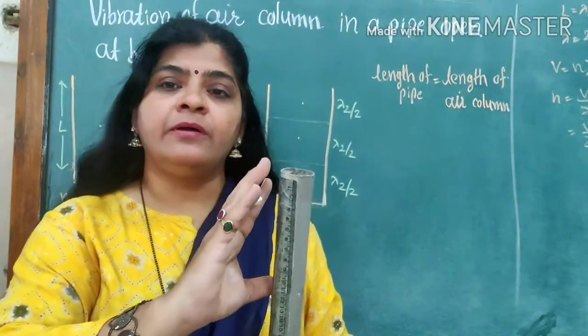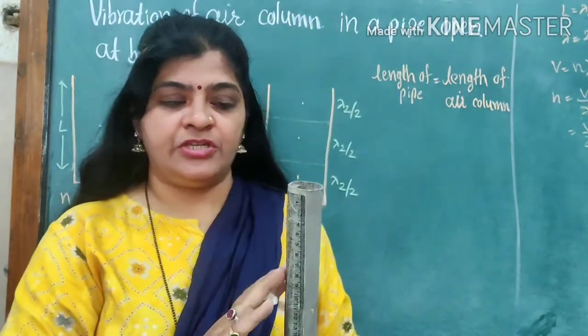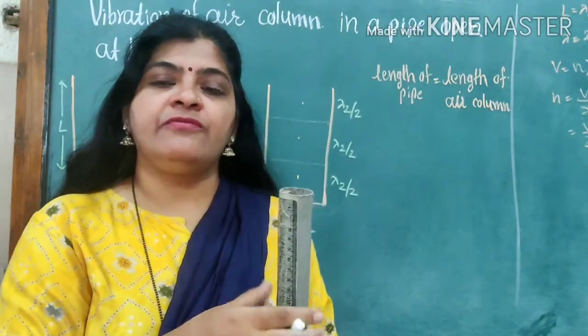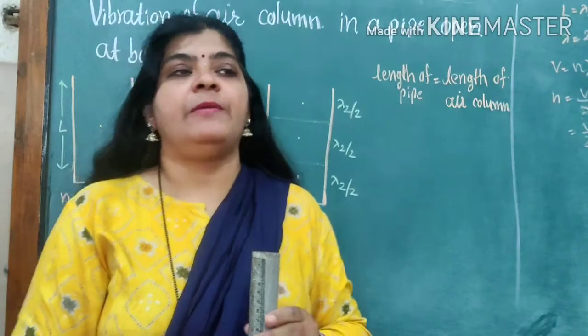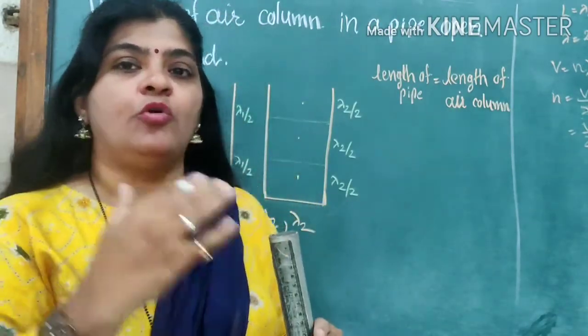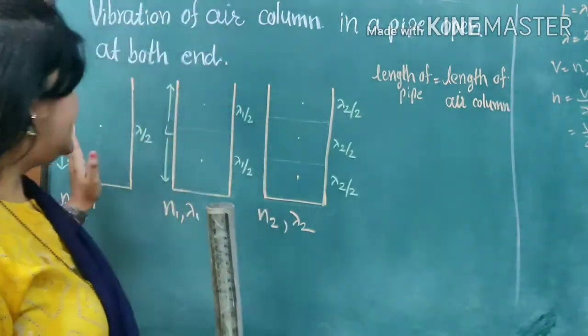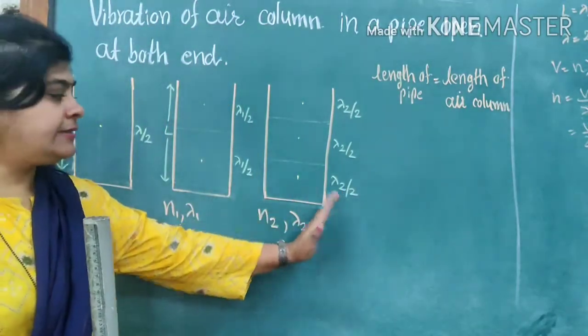The primary stationary wave produced is the first mode of vibration. After that the second wave, again vibrating, we call the second mode of vibration. The third wave is called the third mode of vibration. Like that the diagram is shown here: the first diagram, second diagram and third diagram.